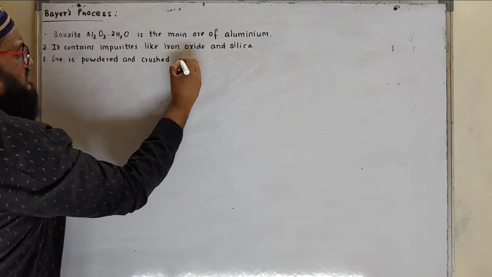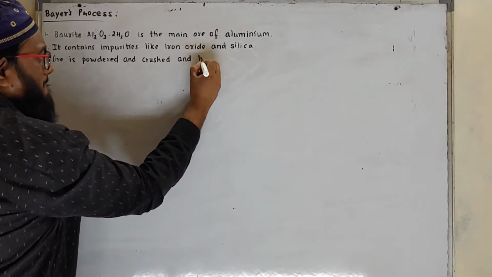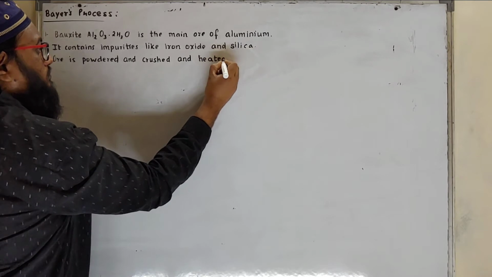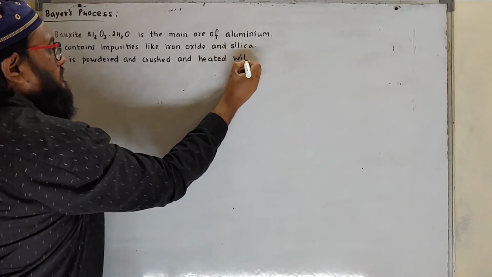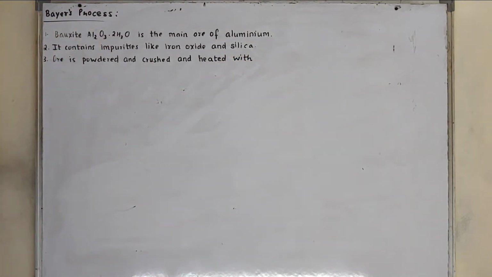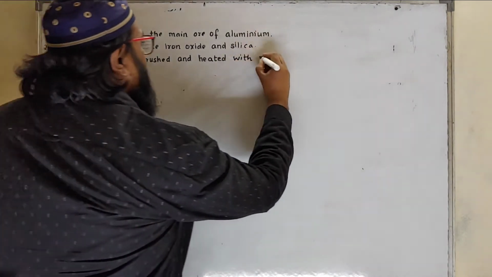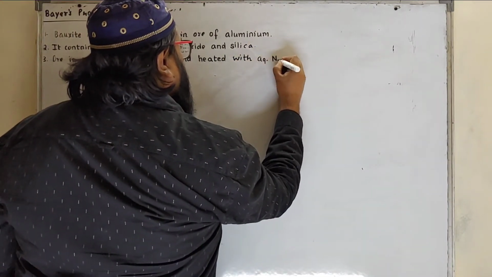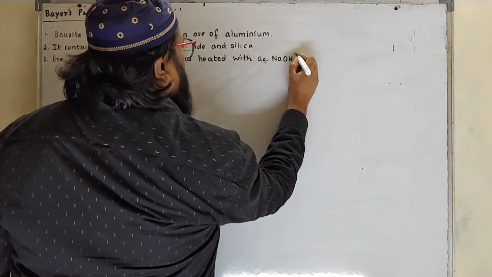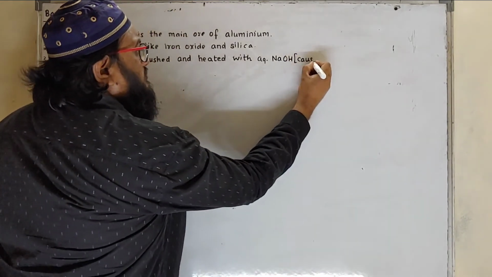The ore is powdered and crushed and heated with aqueous sodium hydroxide, that is also called caustic soda.